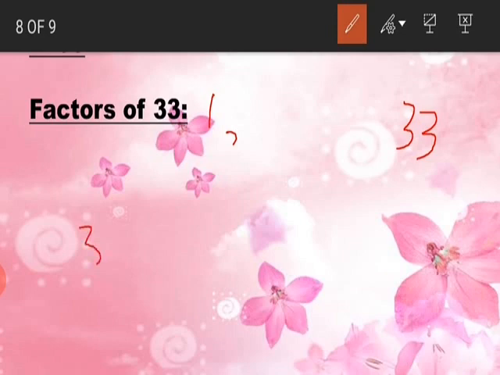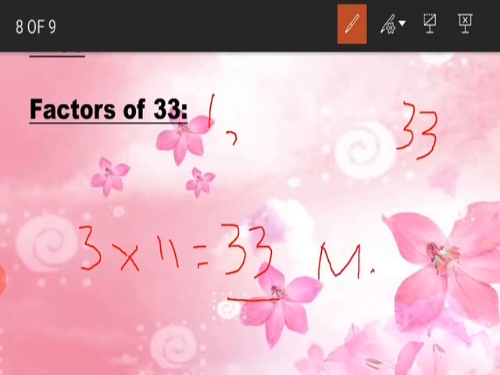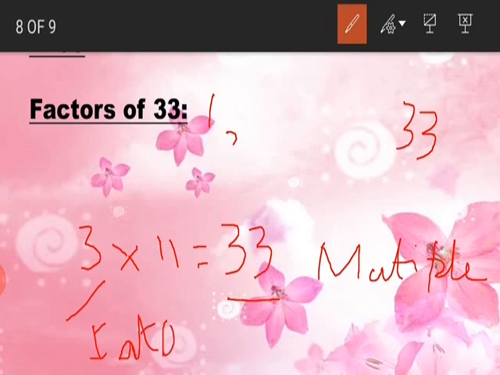3 elevens are 33. Class, 33 is a multiple of 3. So we can say that 3 is a factor of 33. So we will write 3 here.